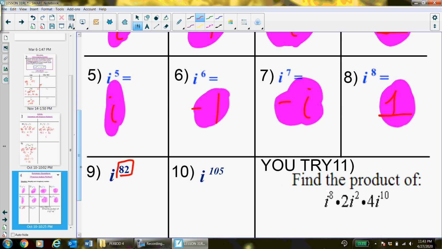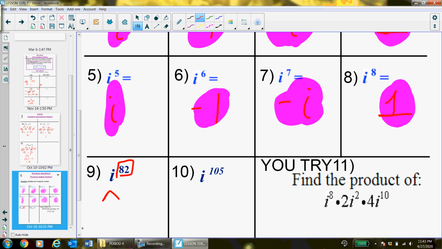And 1 times itself will give you the answer that you're looking for. So what I mean is that one number under 82 goes into 4. Just in case you didn't know, 82 is not divisible by 4, it gives you a decimal. So the number under 82 that is divisible by 4 is 80.